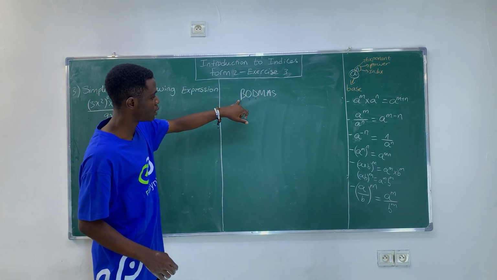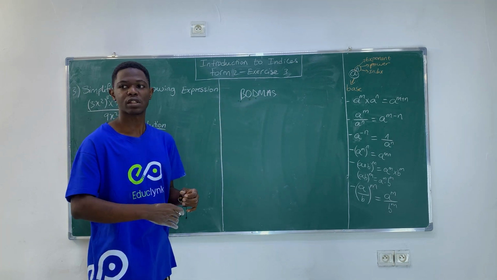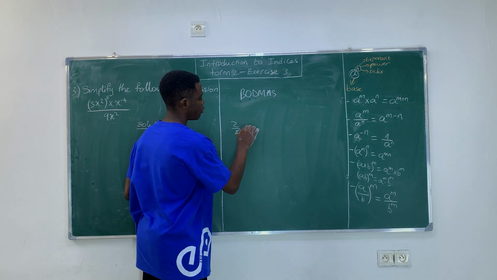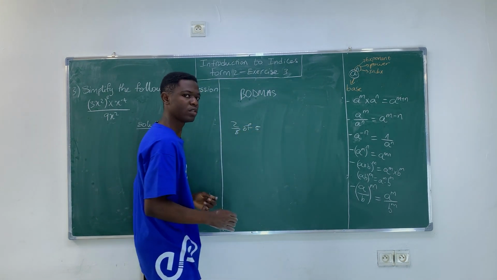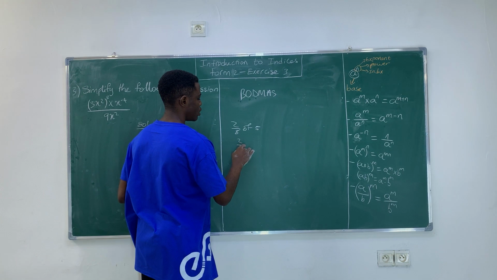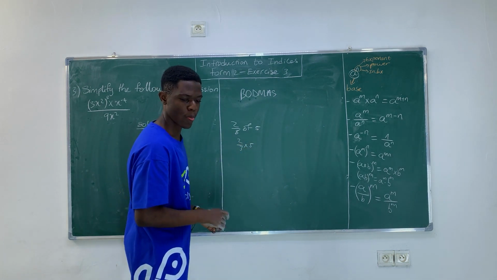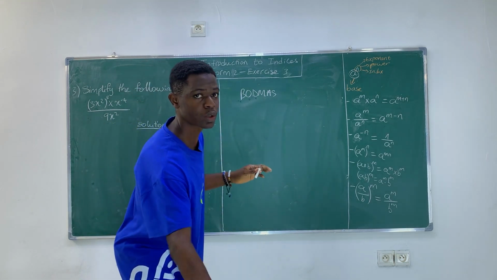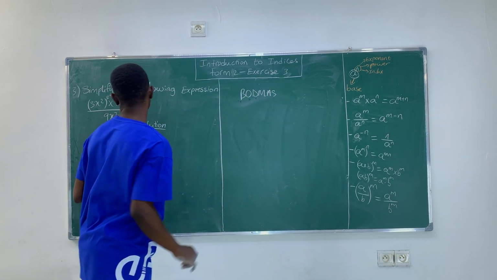Next is "of". Of is like times. So when they say maybe 2 of 5, it is just like 2 times 5. That's an aside, not what we're doing now. This is just to show you that we have to start with the bracket.